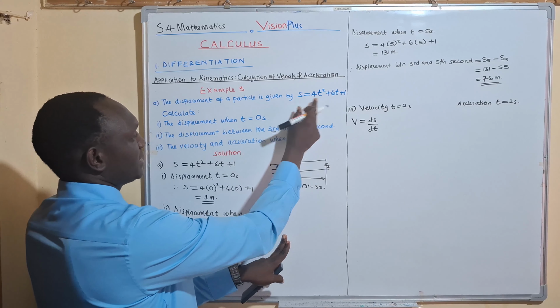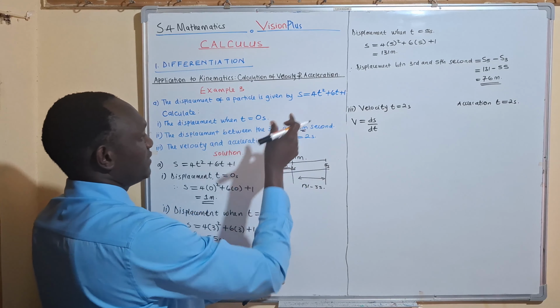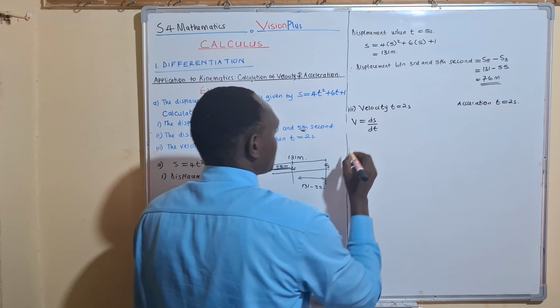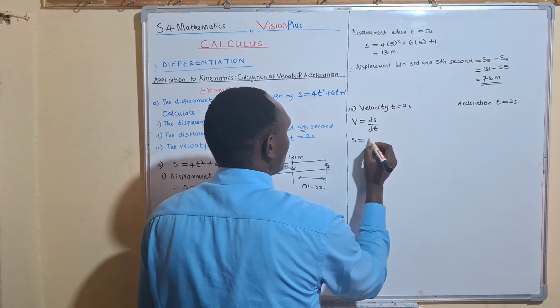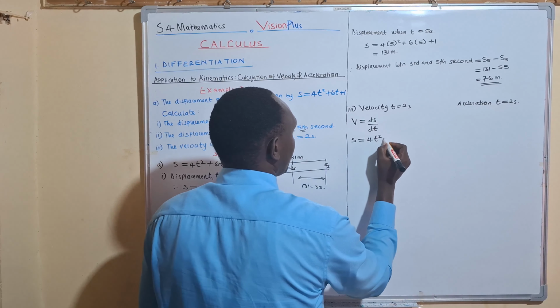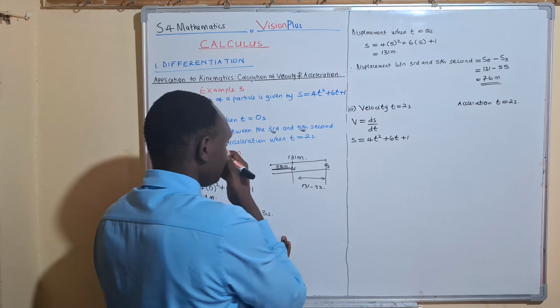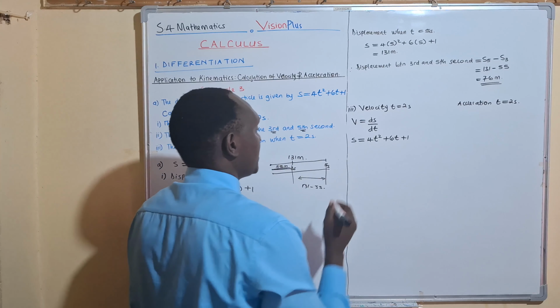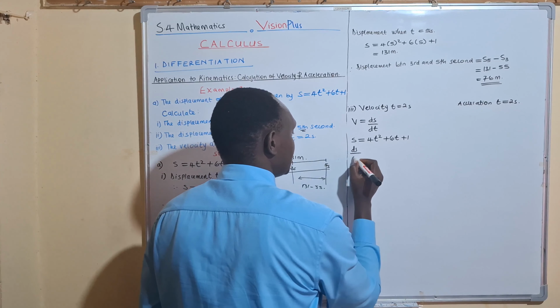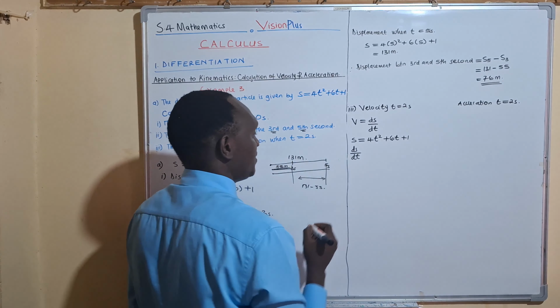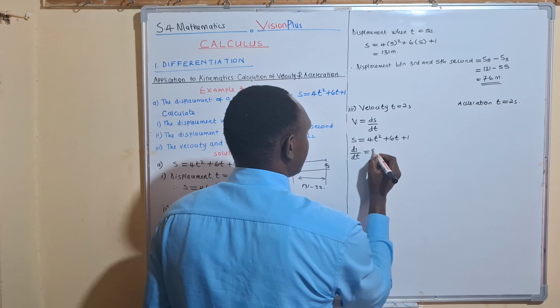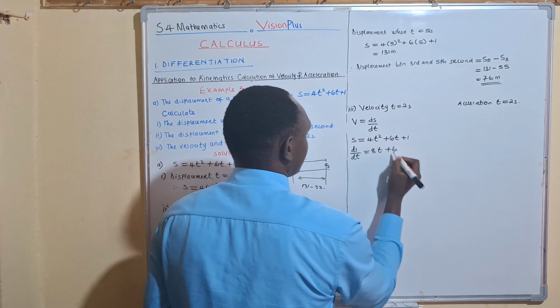So for us to get the rate of change of displacement, we differentiate. So our displacement, let me quote it, is 4t squared plus 6t plus 1. Right? That means we differentiate. So ds/dt, which is now the rate of change of displacement, becomes 8t plus 6.